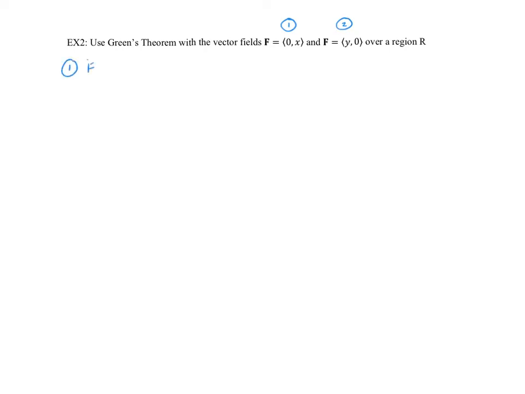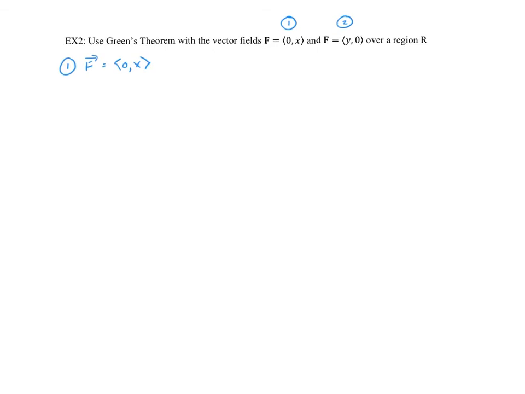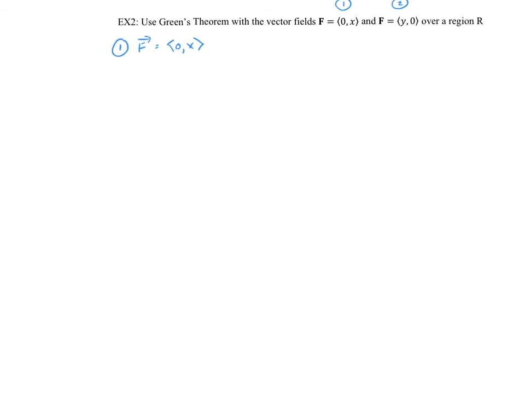So this first vector field, 0, x. Now remember, I don't know what my region is. So using Green's theorem, it's the double integral over my region, partial of g with respect to x minus partial of f with respect to y. And I know what that is.